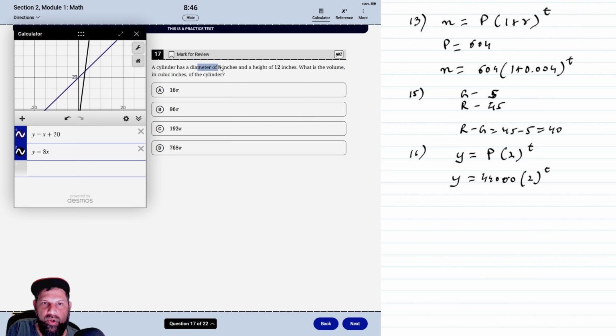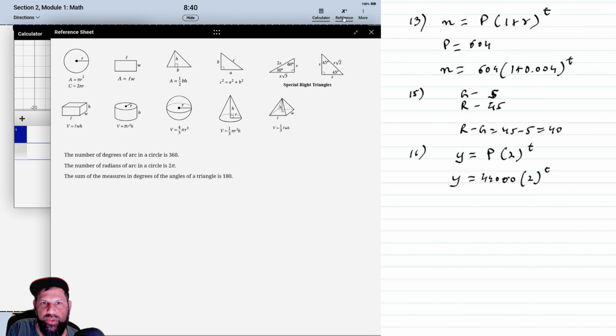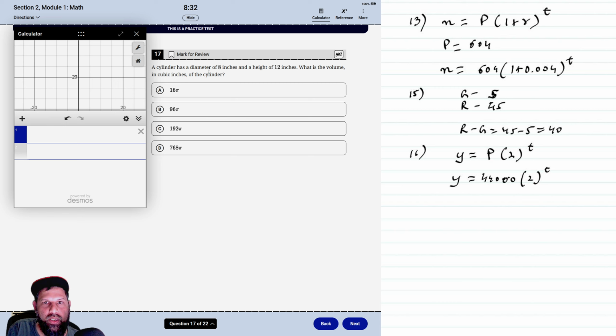A cylinder has a diameter of 8 inches and a height of 12 inches. What is the volume in cubic inches of the cylinder? We can use the reference here, if you don't remember. The volume of the cylinder is pi r squared h. We're given the diameter, so r is going to be d over 2, which is 4 inches. h is going to be 12.